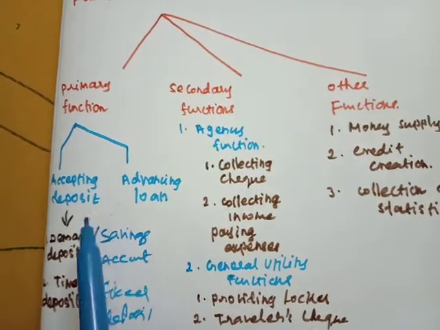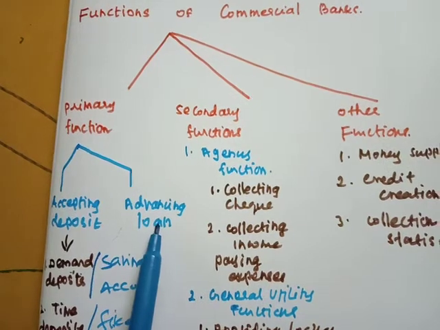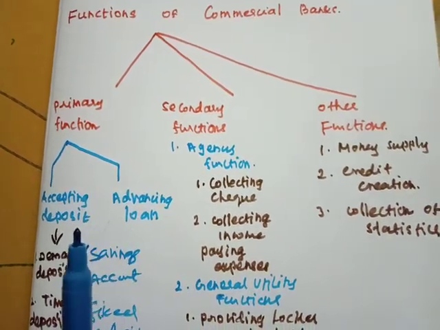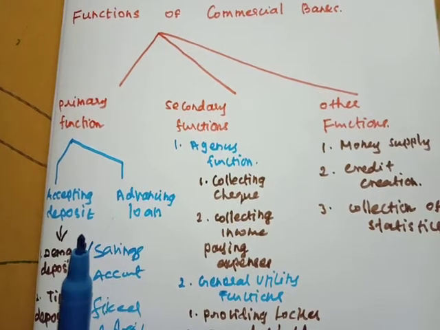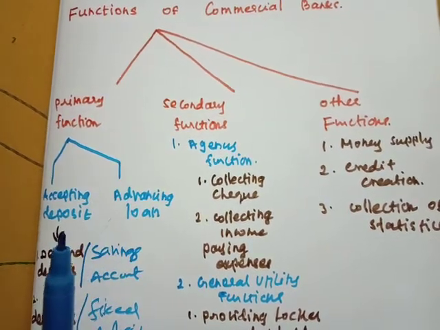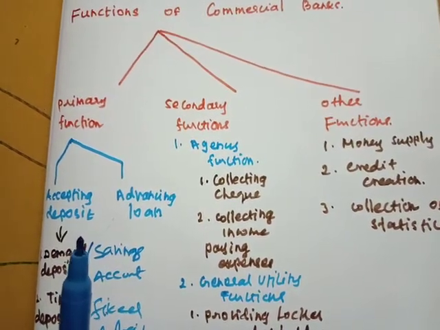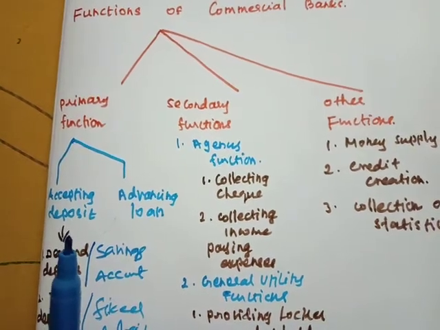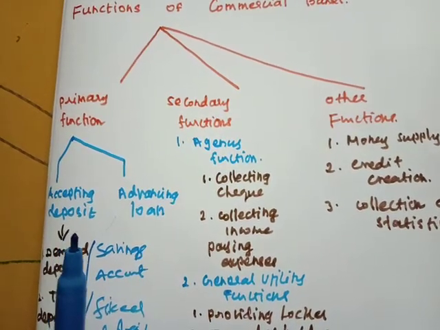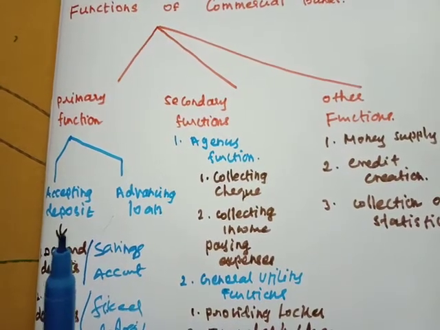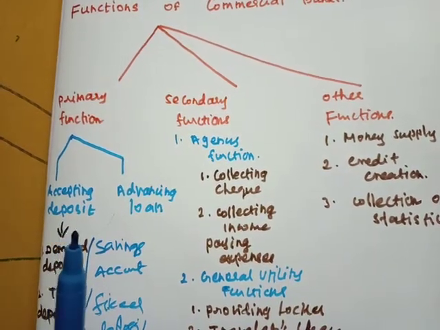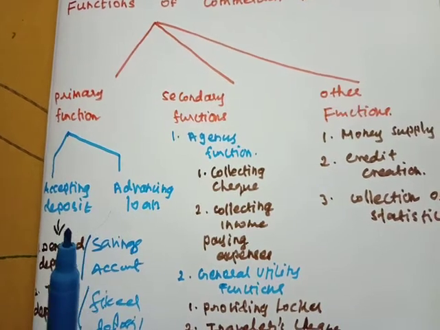And the second primary function is advancing loans. It refers to granting loans to individuals and businesses, and the commercial banks grant loans in the form of overdraft. Overdraft means if you have 5,000 in your account but you need 10,000, and if you are a loyal customer maintaining a good transaction record with the bank, they will give more money.